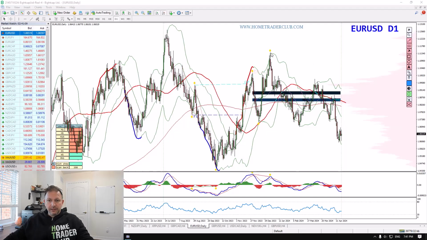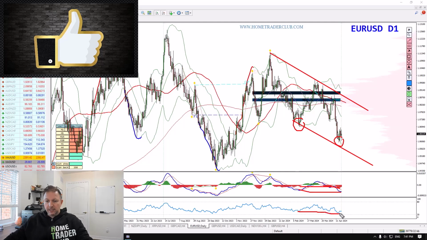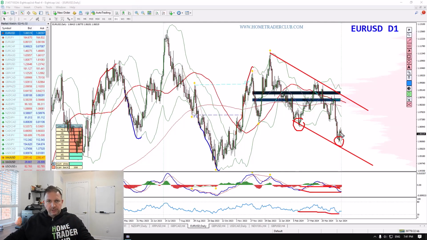But at the moment the euro is maintaining its bearish momentum and moving in a bearish channel. The interesting thing here is that we do not have any reversal signs. We have lower lows on the chart in full synchronization with the indicators, which usually means that the bearish trend is still here and sell the rallies is still the plan. And that's pretty much where we stand with the euro.